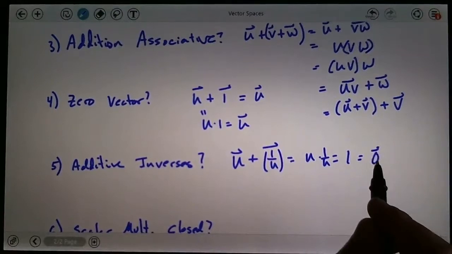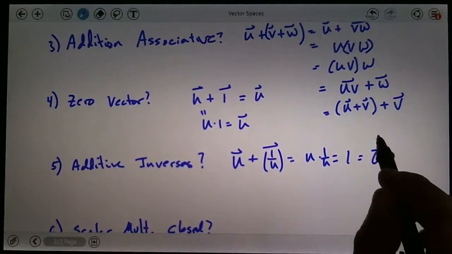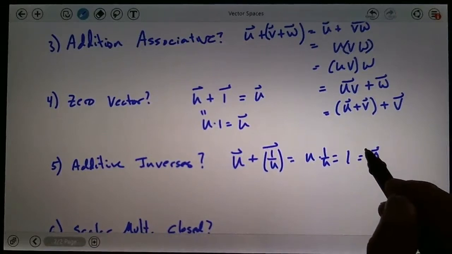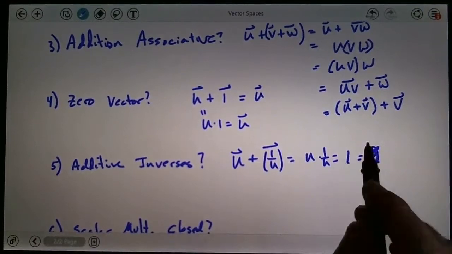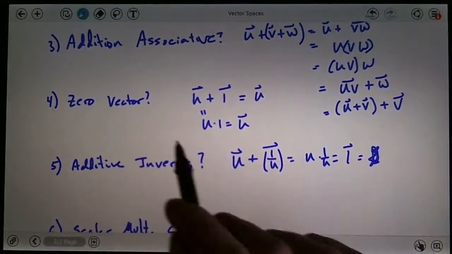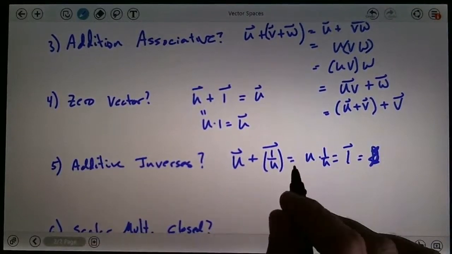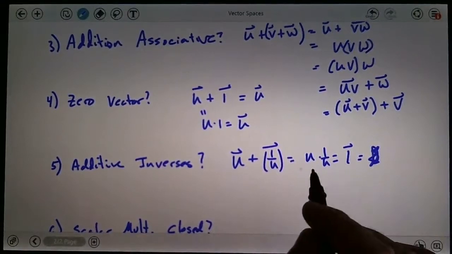And I'll denote the 0 vector this way. Well, actually, the number 0 is not in my set, is it? But, well, yeah, this is tricky. 1 is my additive identity. It's my 0 vector. And so these added together to be the 0 vector, so they're additive inverses.